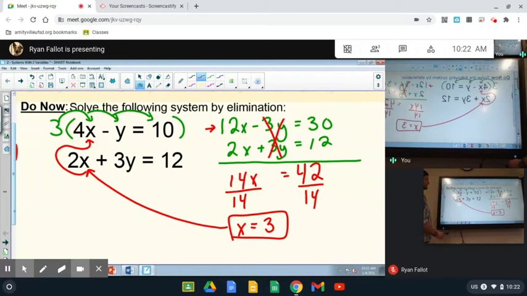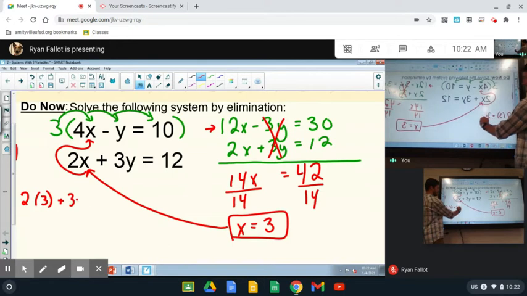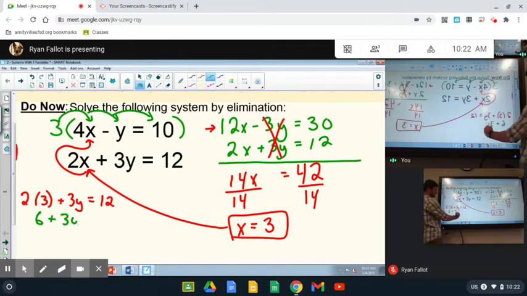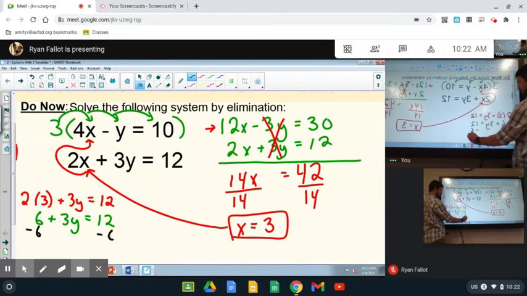I'm going to pick the bottom one because we haven't used them yet. 2 times 3 plus 3y is equal to 12. Multiply, we get 6 plus 3y equals 12. And simplify by getting y by itself by subtracting 6 on both sides. 3y is equal to 6.